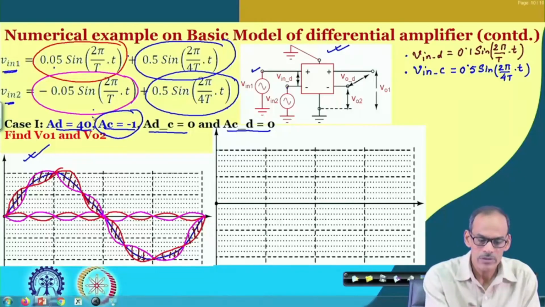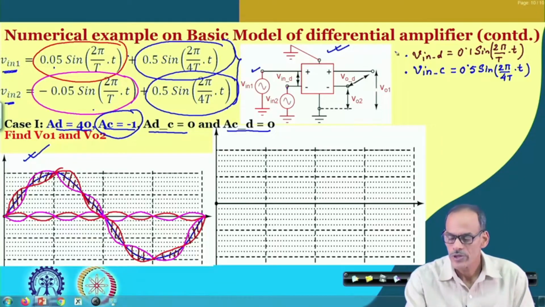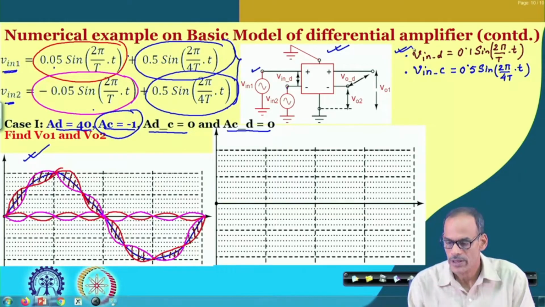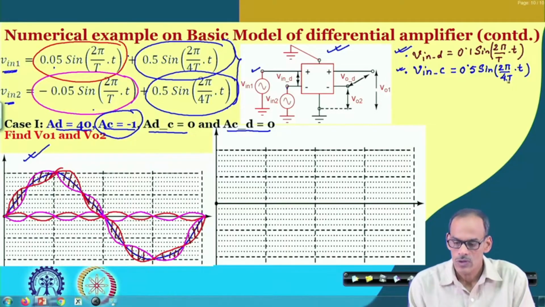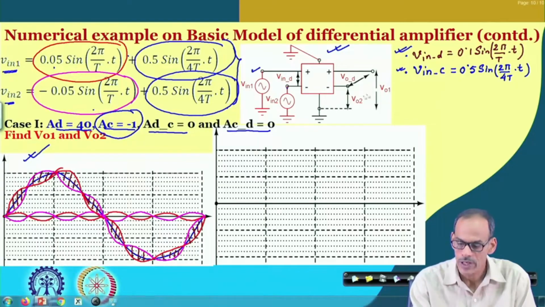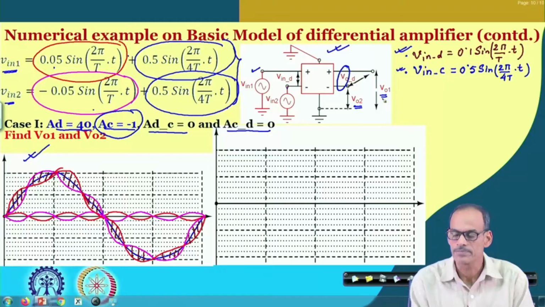From the information given here, the differential part of the input signal has an amplitude of 100 millivolt and the frequency is 1 by capital T, and the common mode signal has an amplitude of 500 millivolt and the frequency is 1 by 4 T. So now let us see what the corresponding output will be in the form of differential and common mode, and then we can see the individual signals.